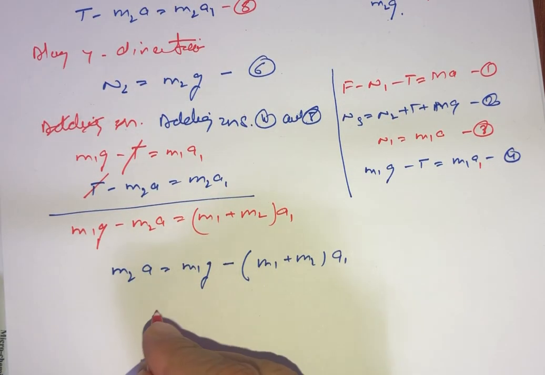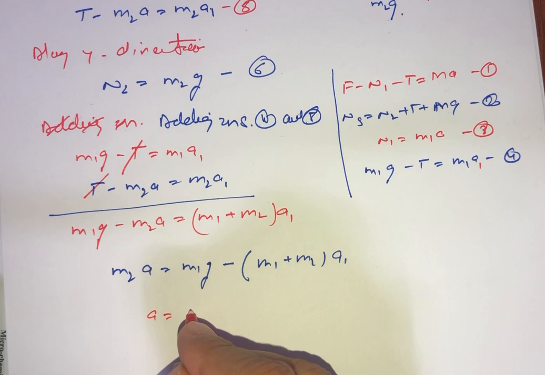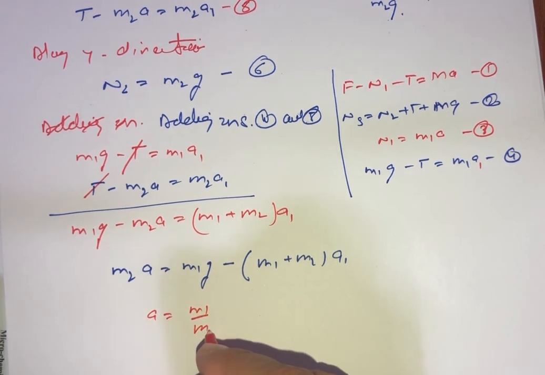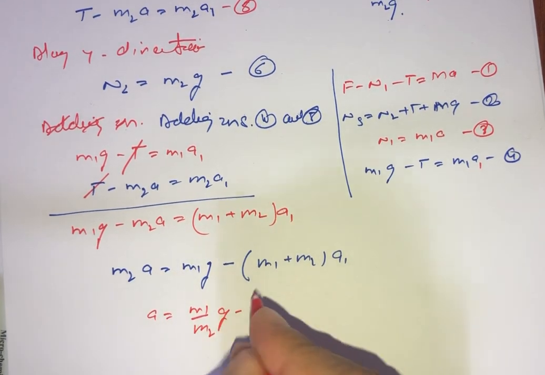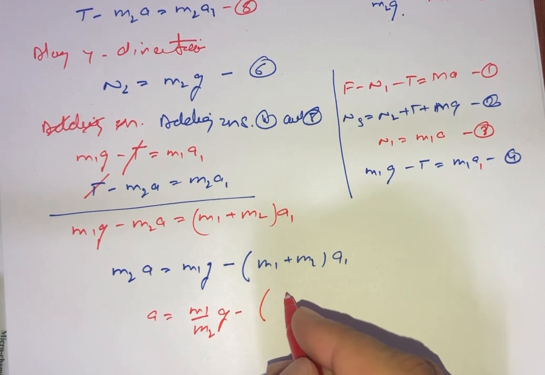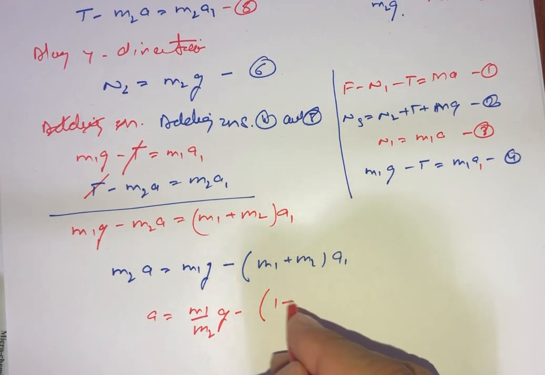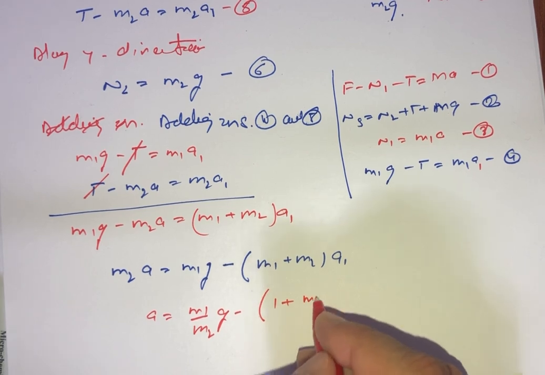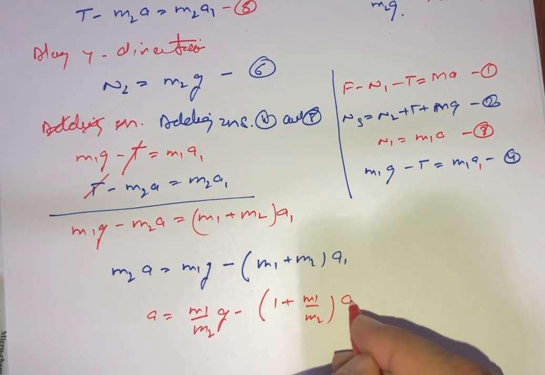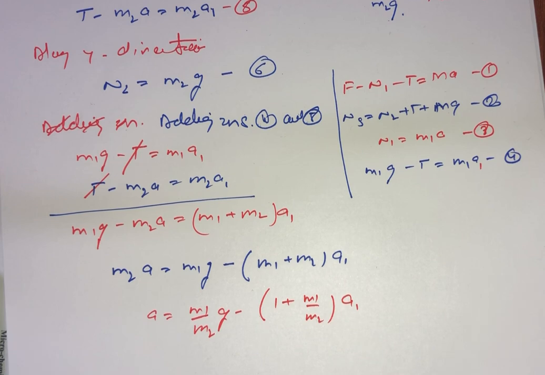And from here we can find out our a is equal to (m1 by m2)g minus (1 plus m1 by m2)a1. Okay, this is our partially solved first part.